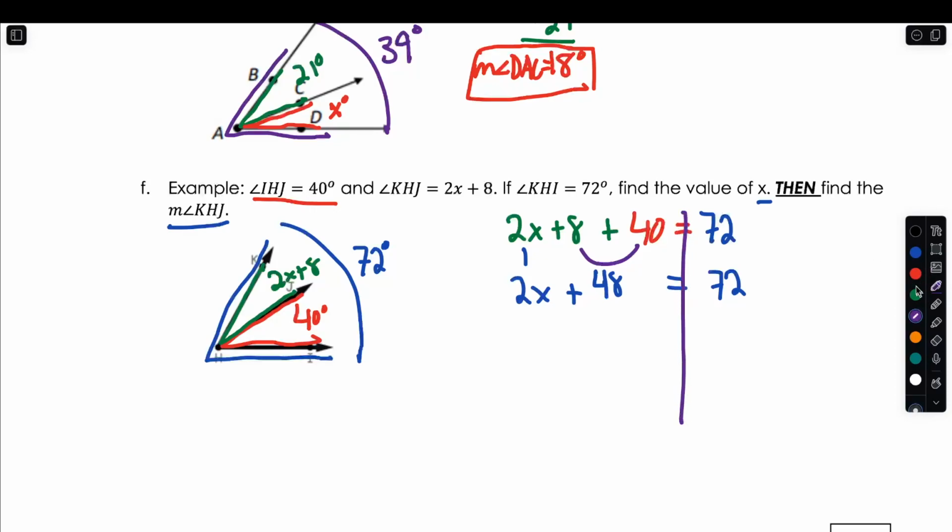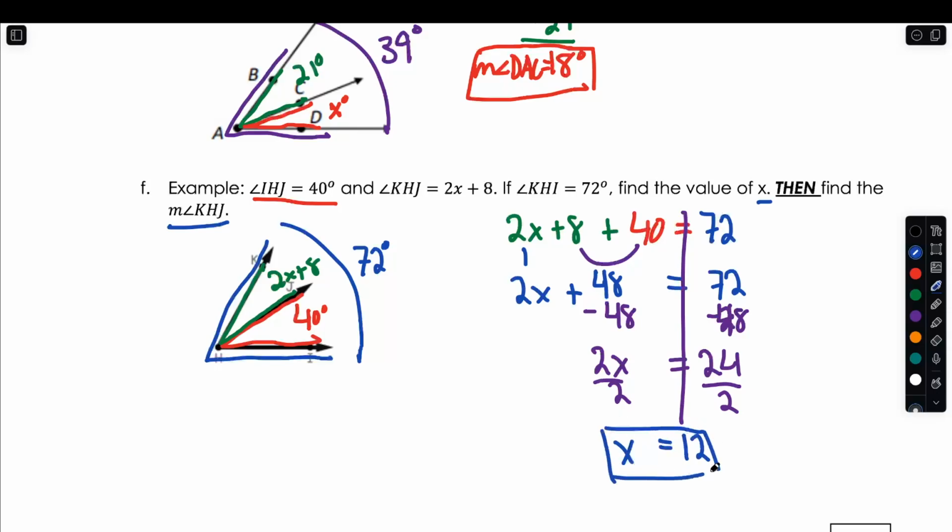From here, we want to subtract 48 from both sides to isolate my x. Let's put a 48 there. We are left with 2x equal to 72 minus 48, which is 24. And then we divide by 2 to give us x equal 12.